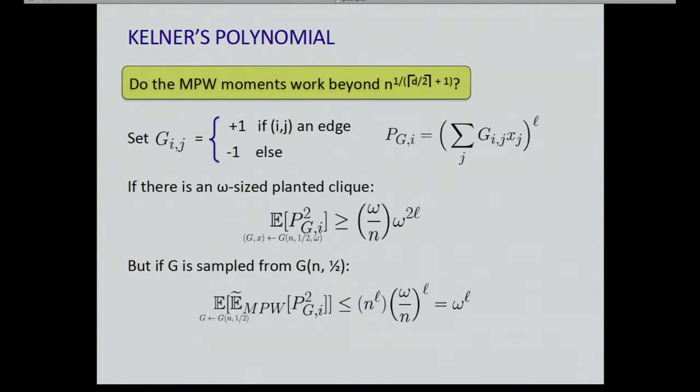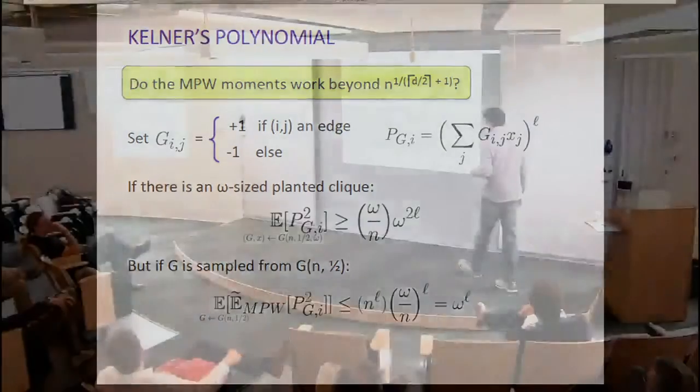So even though it looks like we have n to the 2L choices because we have a degree 2L polynomial, you really only have n to the L choices. You get n to the L times, well, these variables are trying to behave like omega over n, these x_i's, because you want to convince someone that each vertex has roughly the same chance of being in a planted clique.